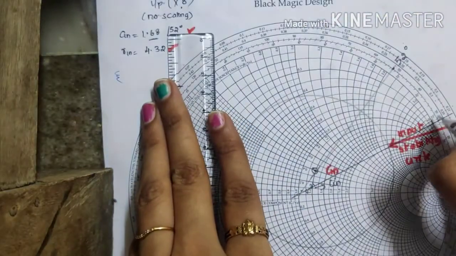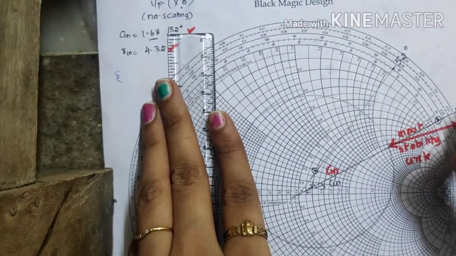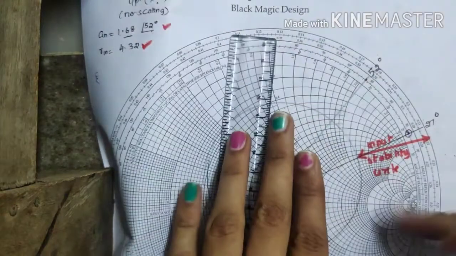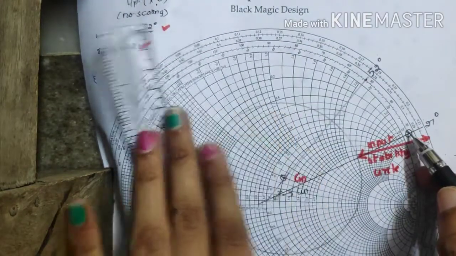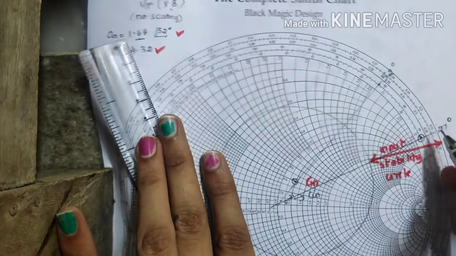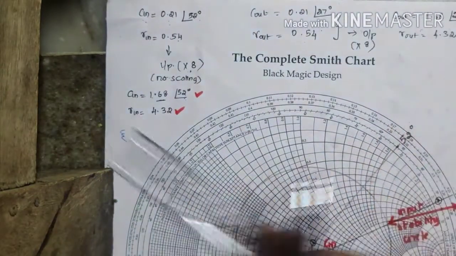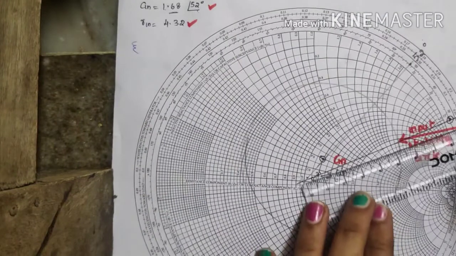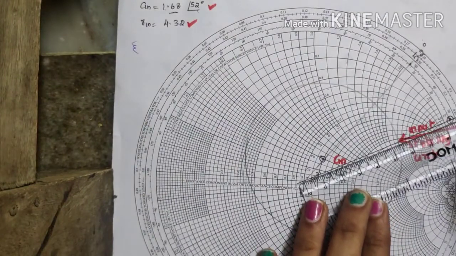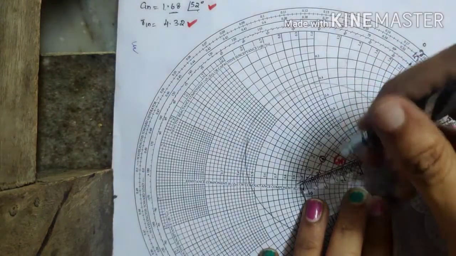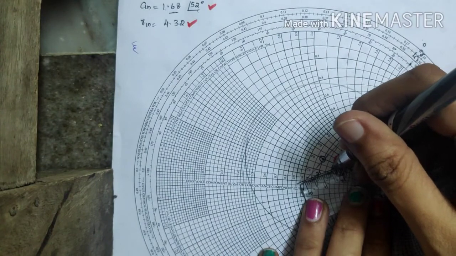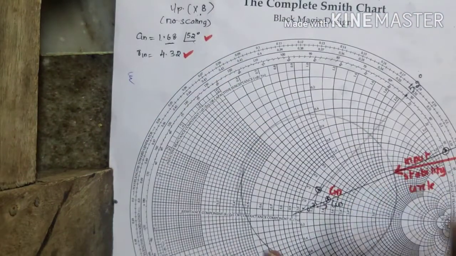So this point is 27 degree. From the 27 degree point, I've connected it to the center. Now again measure C out. C out is 1.68. So using a scale, in this line, measure where is 1.68. So this is your C out.